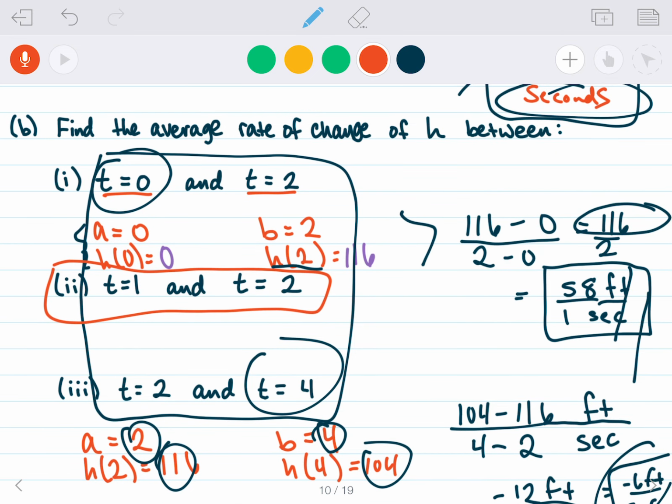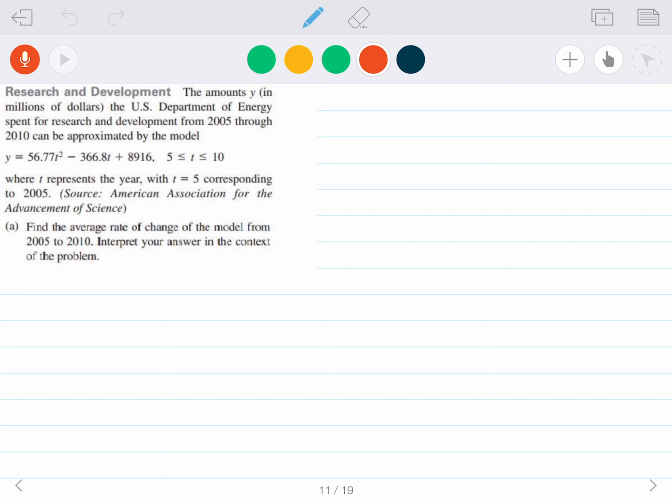Okay. The amount y in millions of dollars the U.S. Department of Energy spent for research and development from 2005 to 2010 can be approximated by this function right here, between t equals 5 and t equals 10.